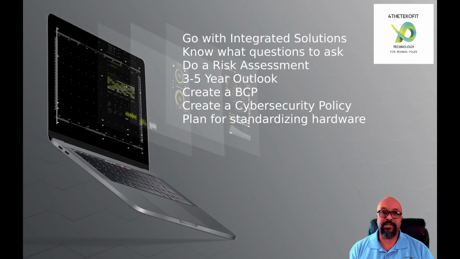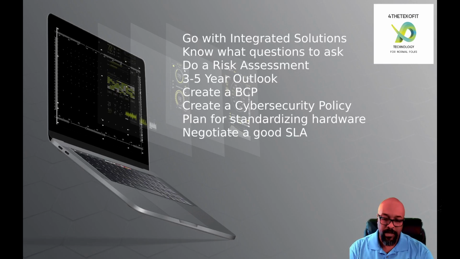And begin standardizing hardware. At least put together a plan for your 3 to 5 year outlook to start moving towards more standardized hardware in your environment. And make sure that as you're negotiating with the service provider, the service level agreement that you're putting into place with them, or that they're putting into place with you, aligns with your disaster recovery plan, right?